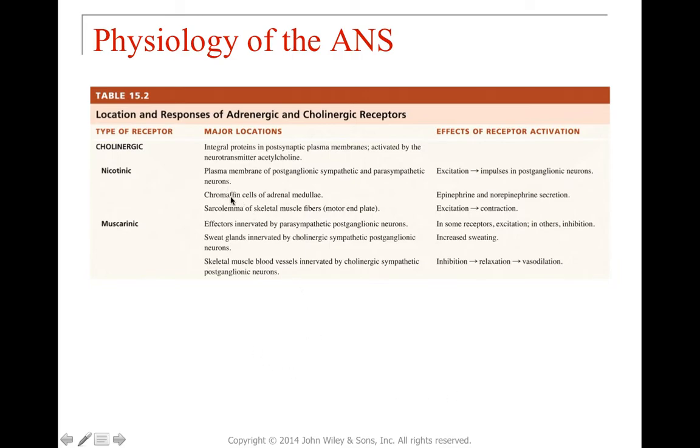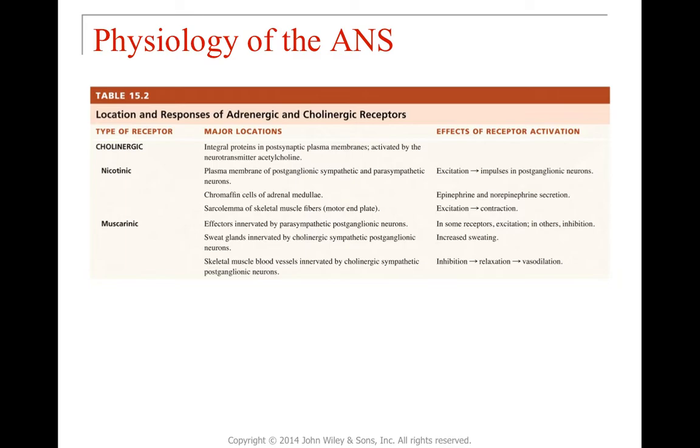Same thing if it's found in the chromaffin cells of the adrenal medulla or in the sarcolemma of the skeletal muscle fibers. However, it's going to be considered muscarinic if what's innervated is going to be the parasympathetic postganglionic neurons, also sweat glands that are innervated by the cholinergic sympathetic postganglionic neurons, and skeletal muscle blood vessels.